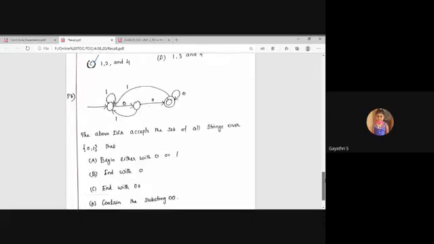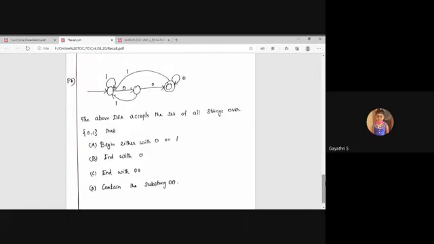Next to the last one, it is based on your assignment. Which is the DFA, the given automata? You have to find out the language, the set of all strings over 0, 1, for the given automata.